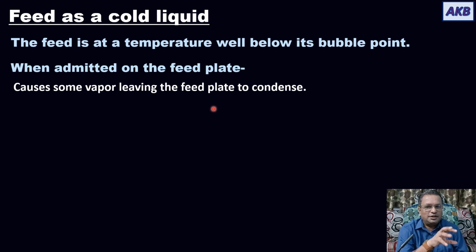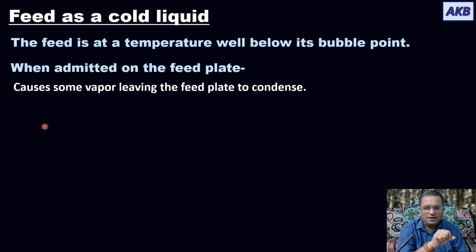Okay, so due to the low temperature of the feed, when it gets admitted on the feed plate, it will be coming in contact with the vapor that is leaving the feed plate. And due to this contact, some part of the vapor that is leaving the feed plate will be condensed.